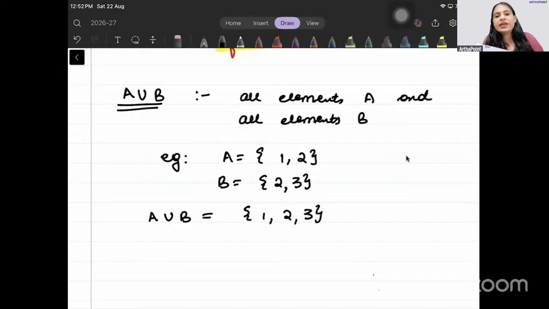Whatever is contained in A and whatever is contained in B, if you include all those elements, then we will have the union.